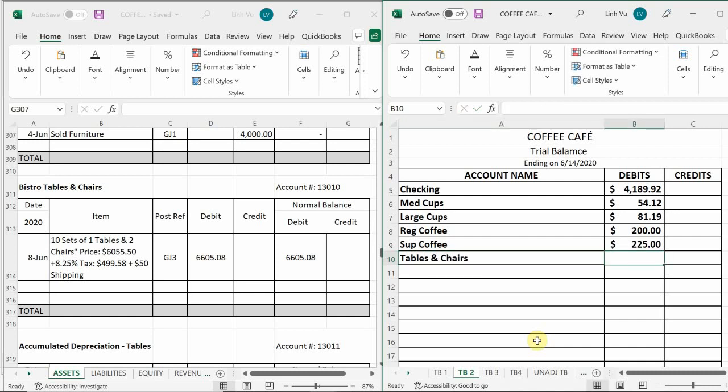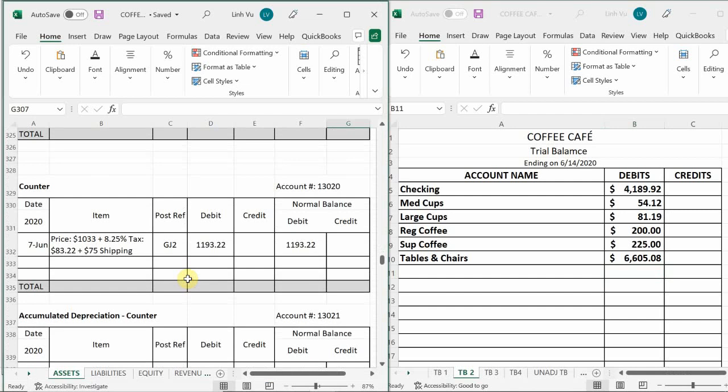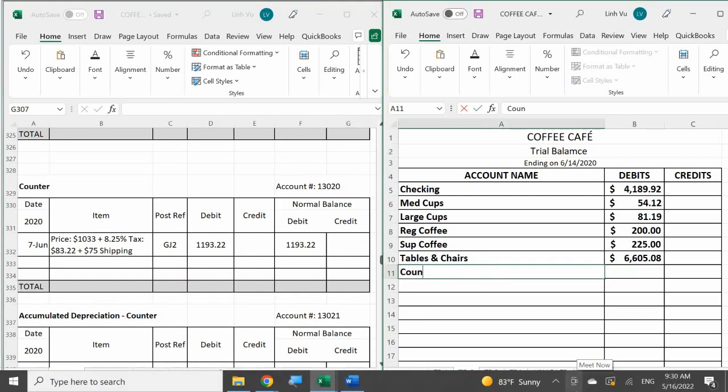How much did it cost me to buy those tables and chairs? 6,605.08. Okay. Did I buy a counter? Yes, I did. Okay. For $1,193.22, right?